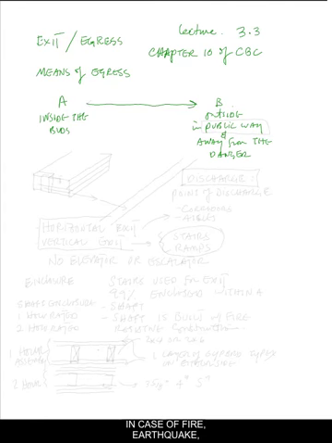In case of fire, earthquake, any of the catastrophic issues that might occur. So the means of egress means that you take the public from inside of the building to somewhere safe outside in the public way.